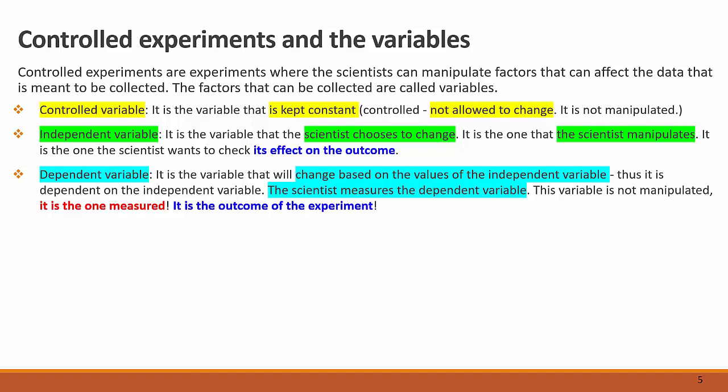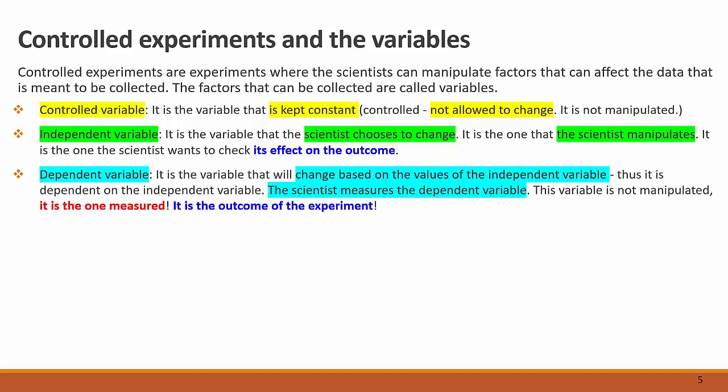So controlled variables in this example can be the type of plant, the type of soil, the size of the pot, and obviously where we place the plants: what room, are they subject to the same temperature, are they subject to the same amount of light, etc. Now, these are controlled variables.